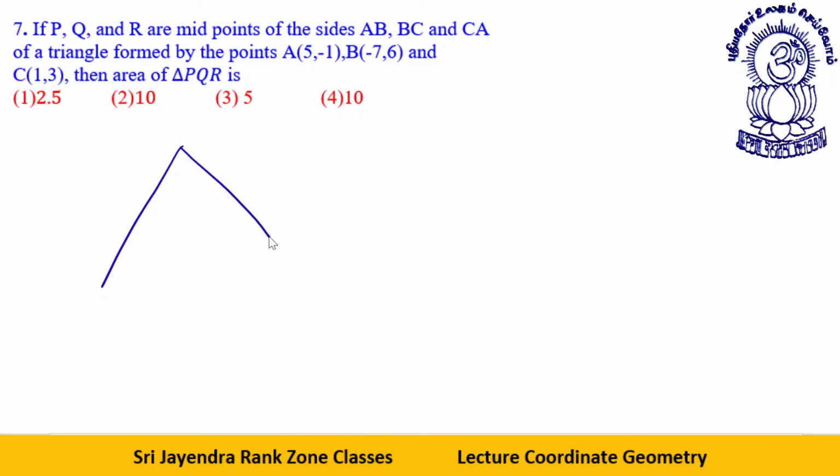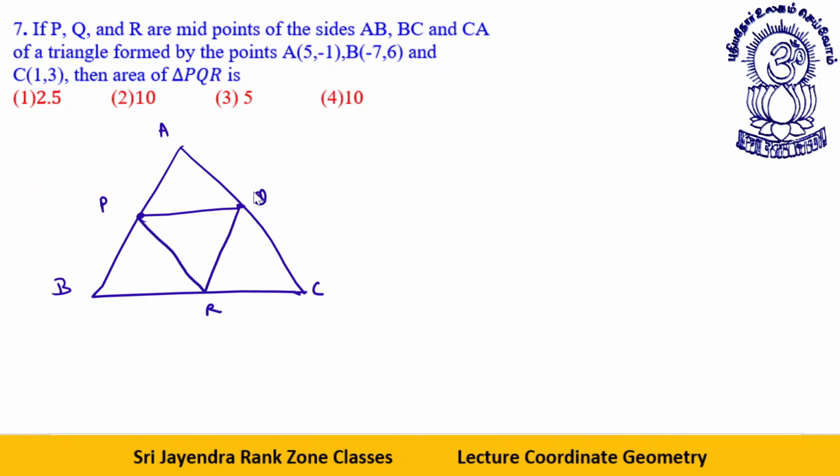We have the points A, B, C. PQR are the midpoints of the sides. Let's say this is P, this is Q, and this is R. These are the midpoints of the sides AB, BC, CA.